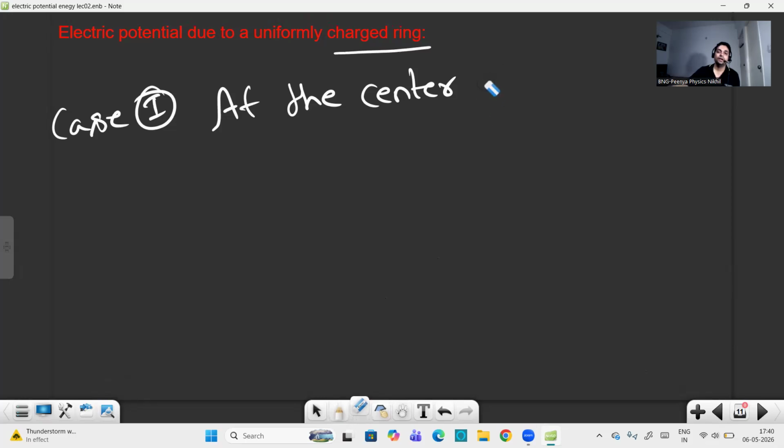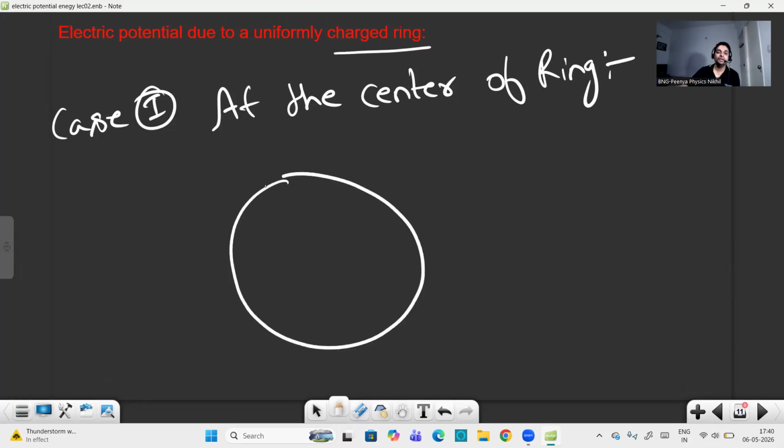Here I will take a uniformly charged ring, and let the radius of the ring be r. So I have to find the electric potential at the center of the ring.